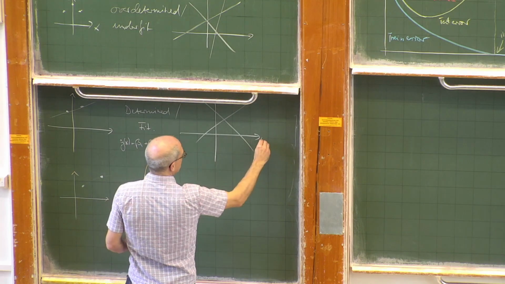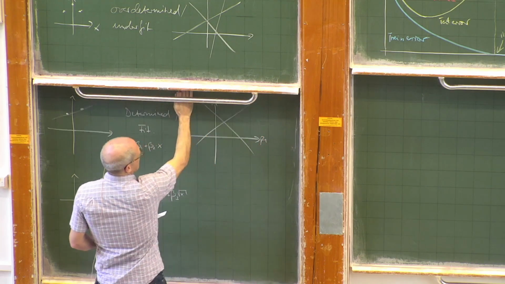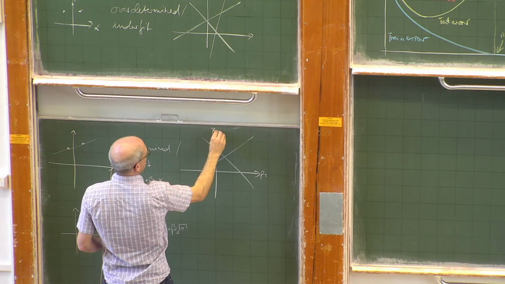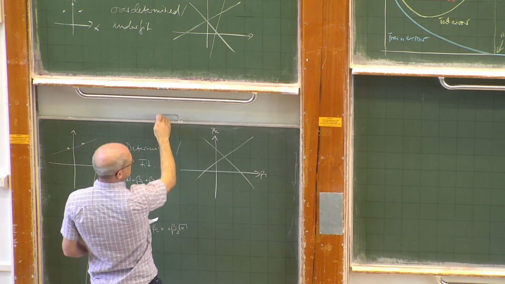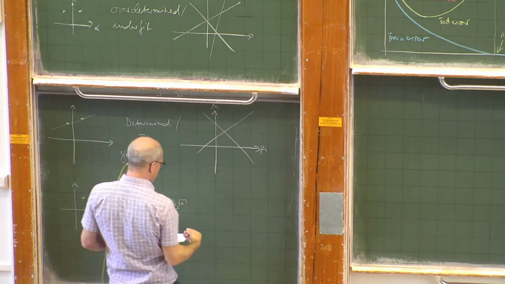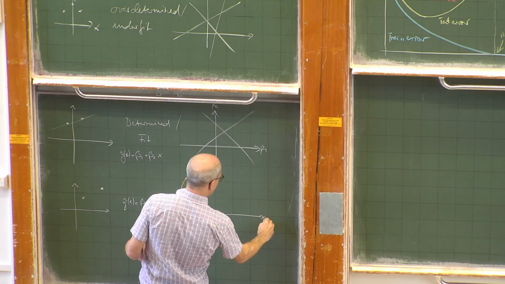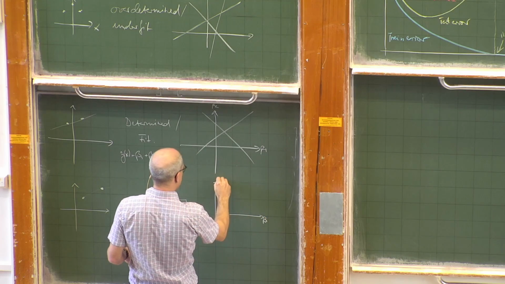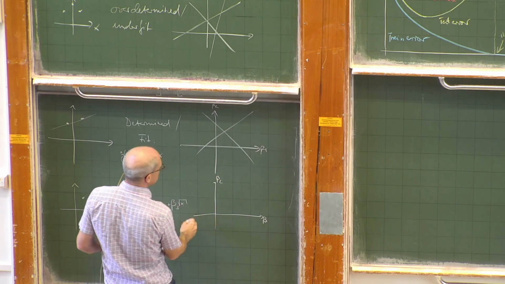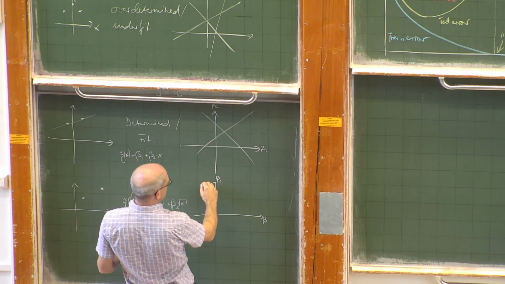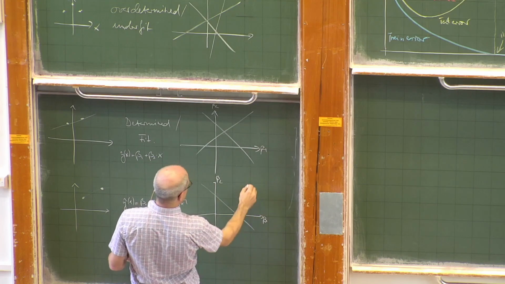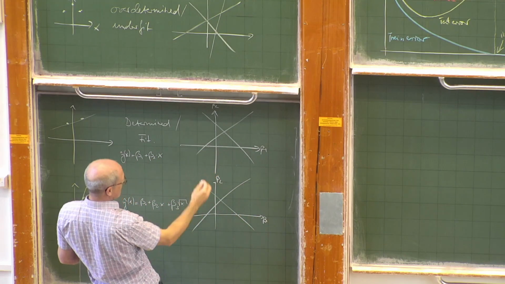And here, I had these parameters beta 1 and beta 2. Now I have 3 parameters. I have beta 1 and beta 2. I'm trying to copy this faithfully, more or less.